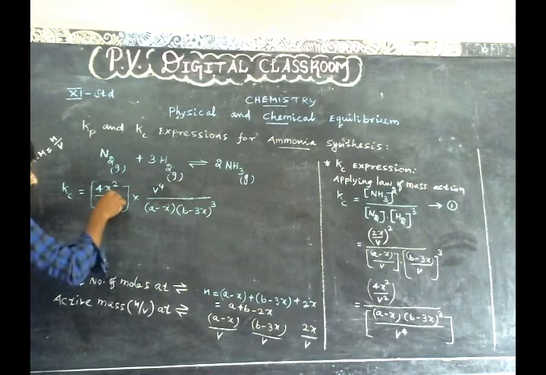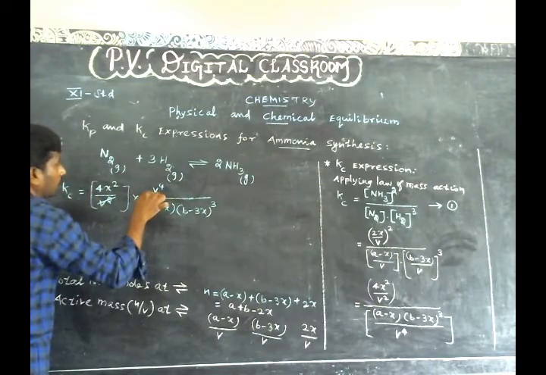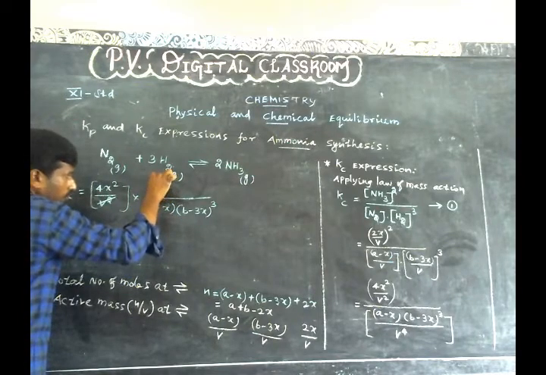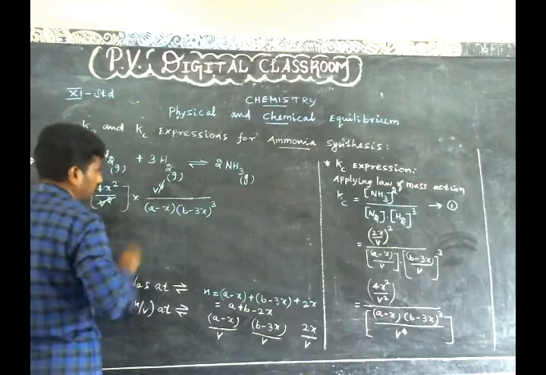This denominator V square term is cancelled by the numerator V power 4 term. Here the remainder is V square.